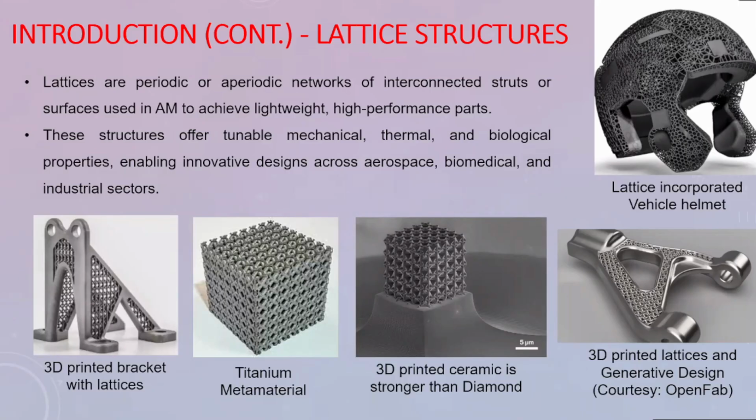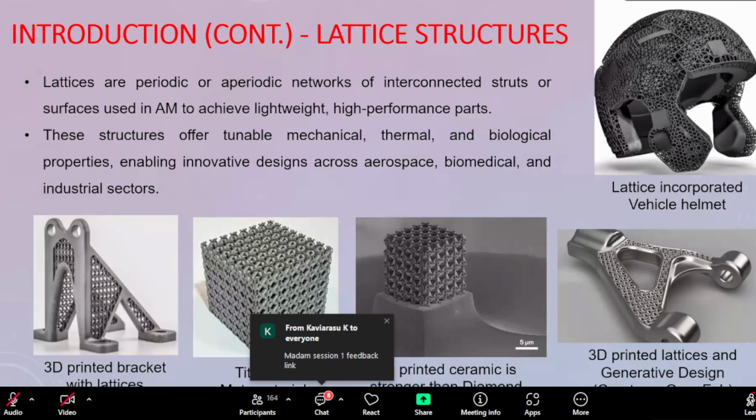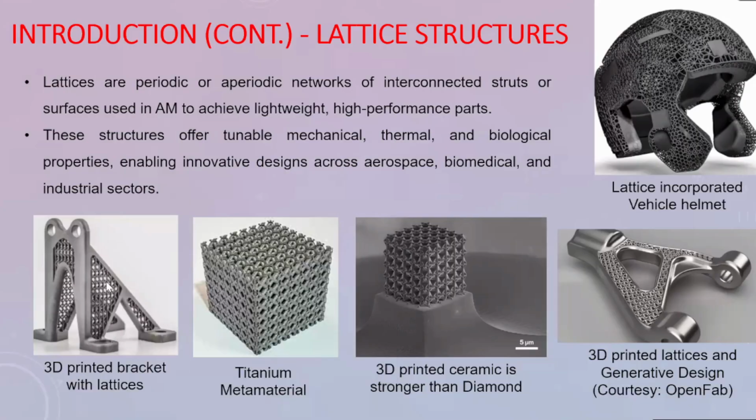If we need lightweighting and reduced cost, we can use this kind of structures over here. And we can also use it for weight reduction. This is actually an aerospace bracket. In this particular space, we need to reduce the material, but we need to have some connectivity between the elements. For such application, we can implement lattice structures for weight reduction.